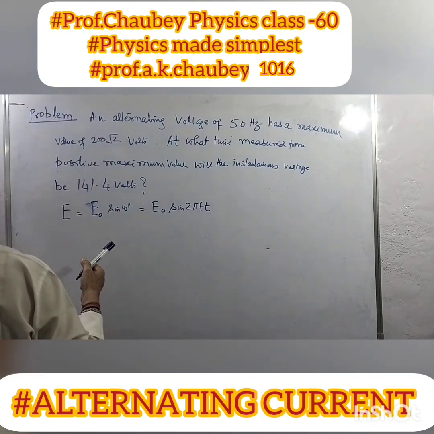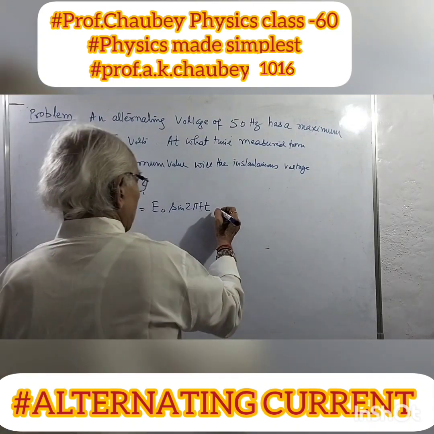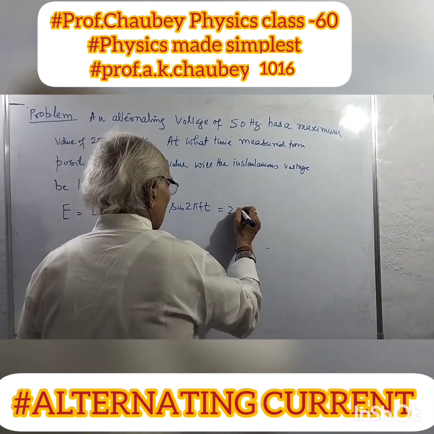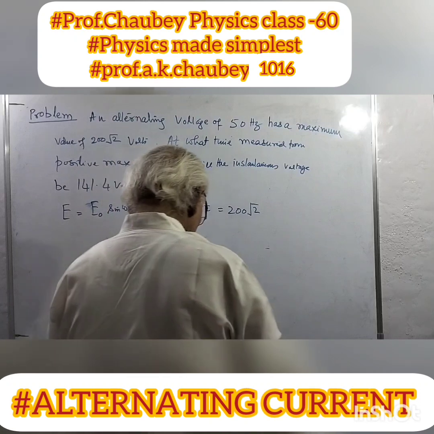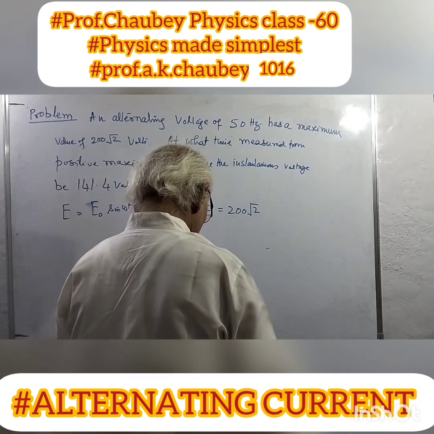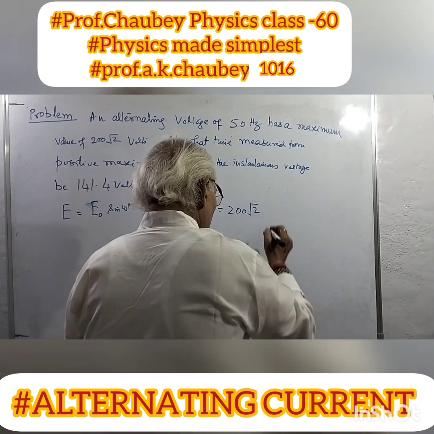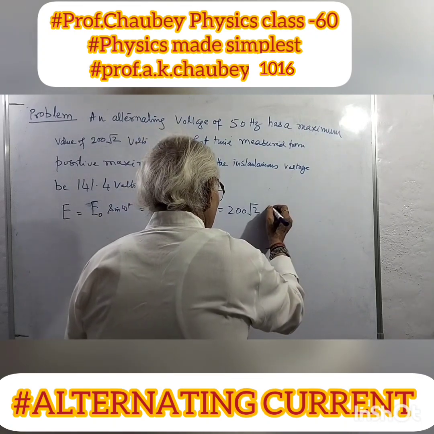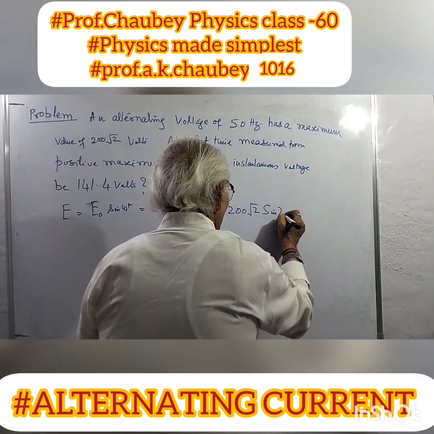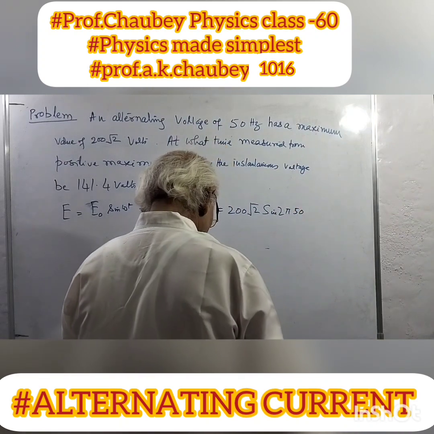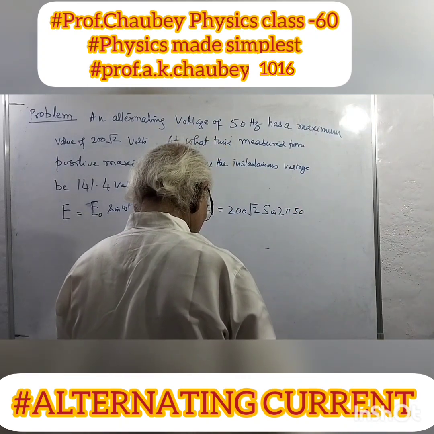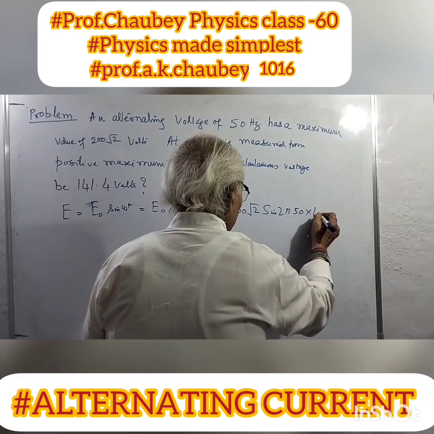So this is the maximum value, 200 under root 2, and then sin 2 pi f t, where f is 50 cycles, and t we don't know.